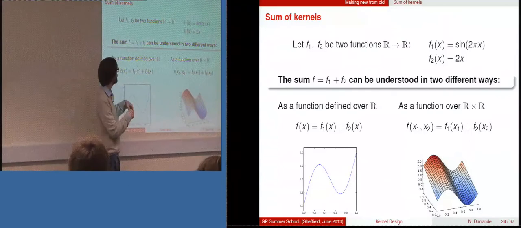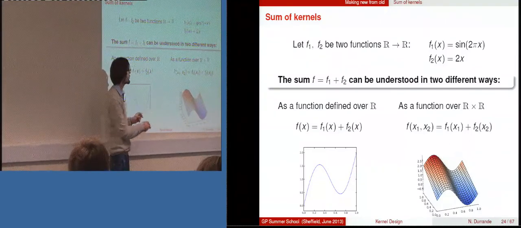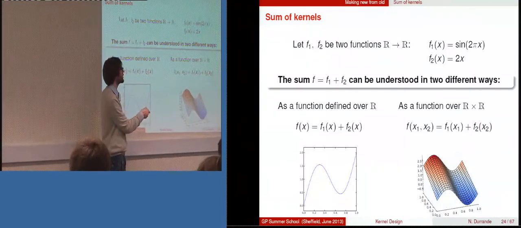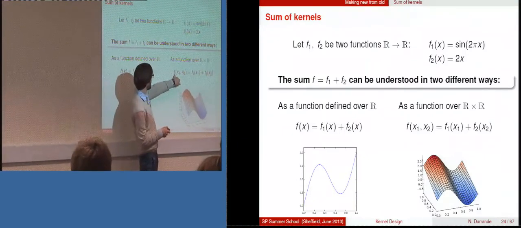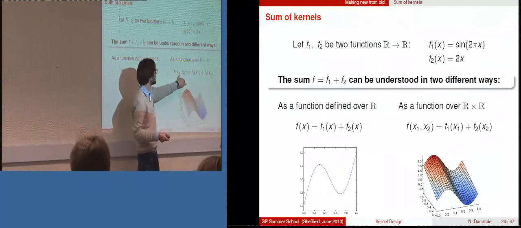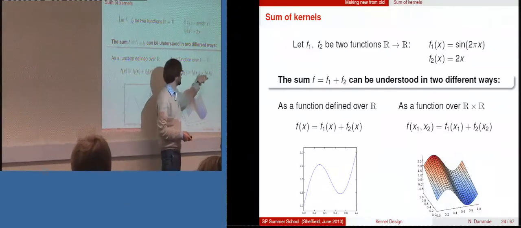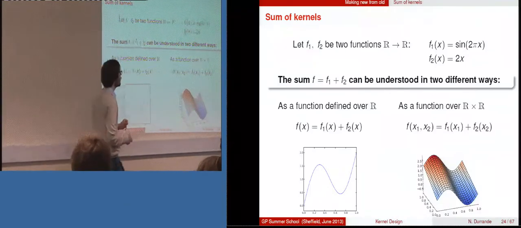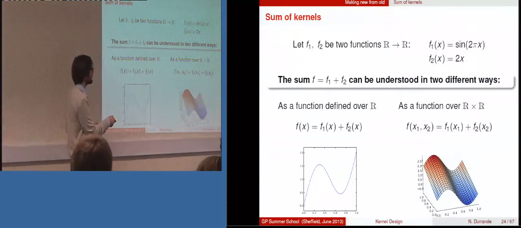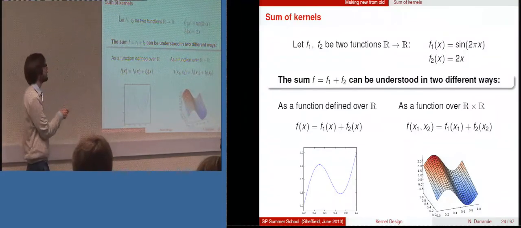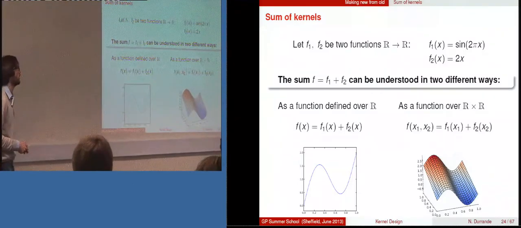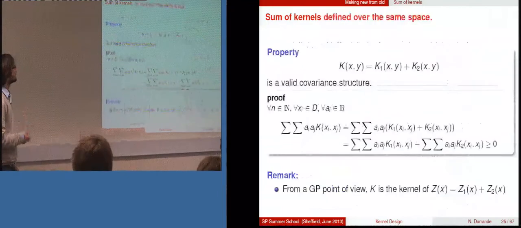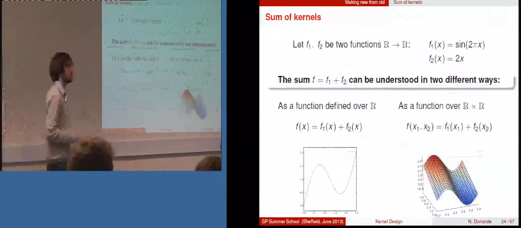The other way is to compute the sum over the tensor space of the input space. We define here f, a bivariate function, which is the sum of f1 and f2, but evaluated for two different inputs. So from two one-dimensional functions, by summing them, I can choose either to make a one-dimensional function or a two-dimensional function.